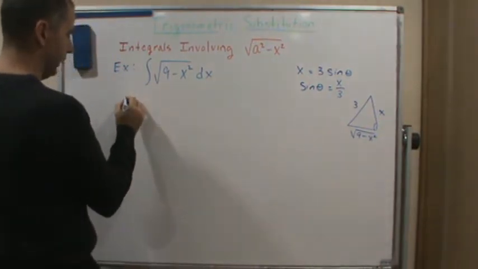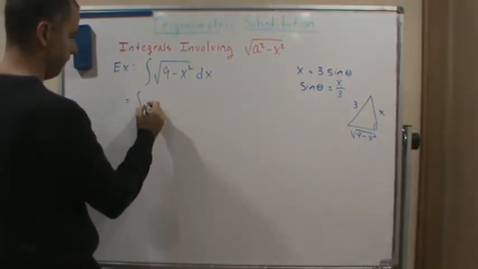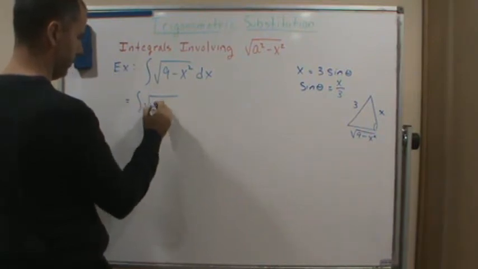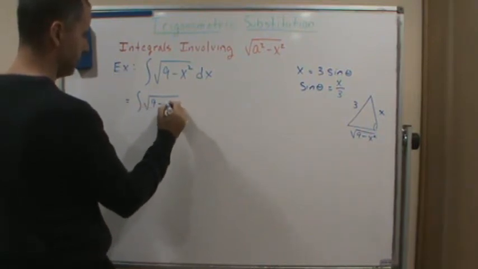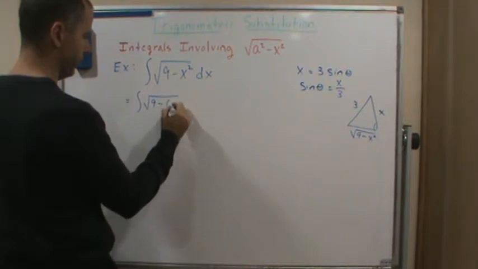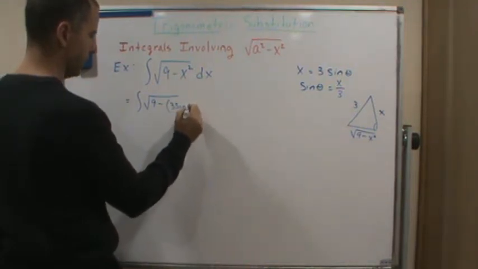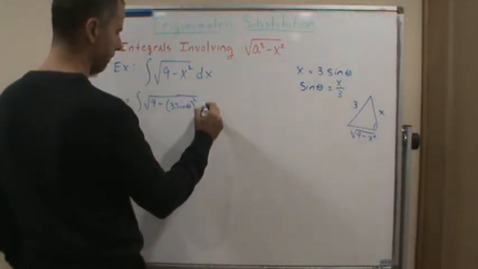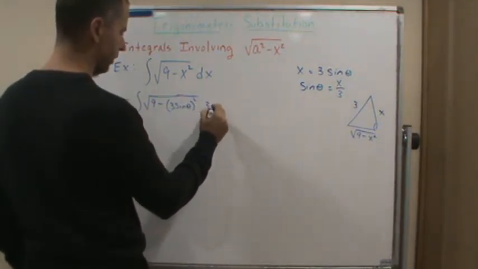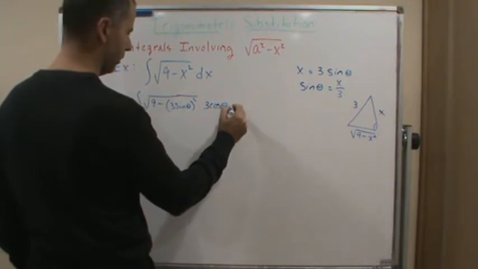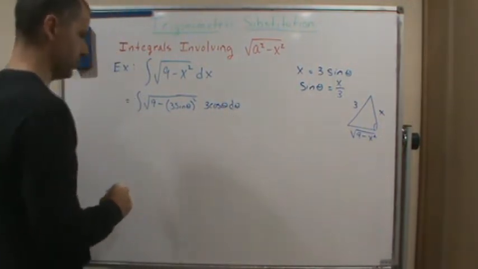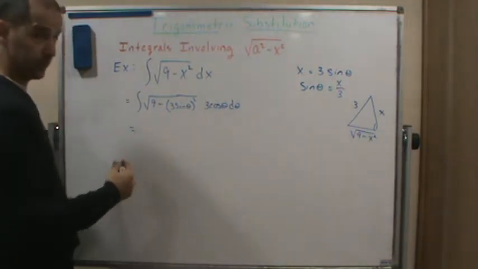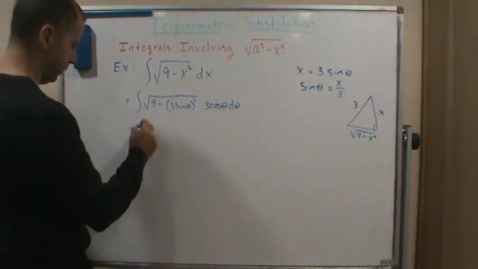So this is going to equal the integral of the square root of 9 minus 3 sine theta squared, and then I'm going to have 3 cosine theta d theta. Again, this is the same simplification that we did before.